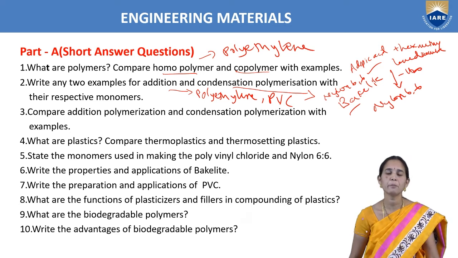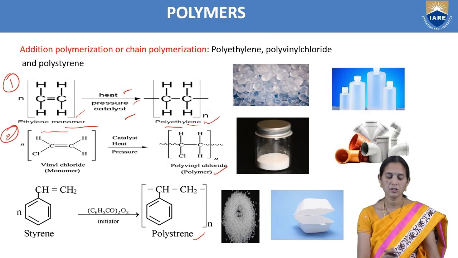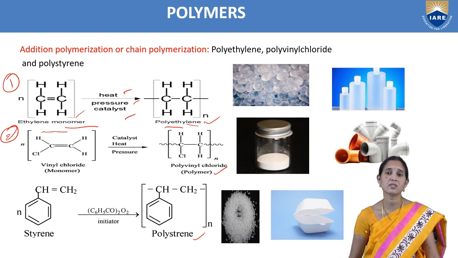Now the third one: compare addition polymerization and condensation polymerization with example. What is the difference between addition polymerization and condensation polymerization? Addition polymerization means we add a number of monomers, small molecules, apply heat, pressure and catalyst, and we get the polymer.